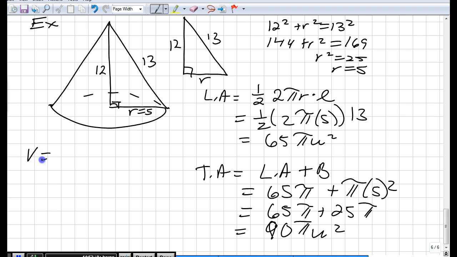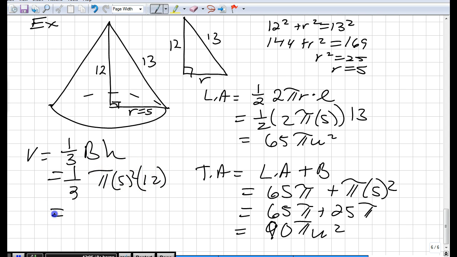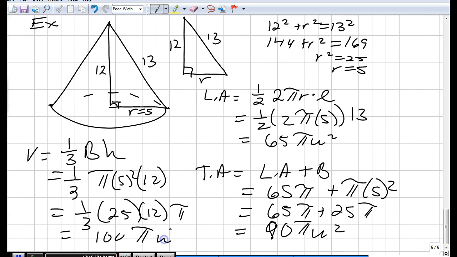And then volume, remember, is 1/3 the base area times the height. So base area is pi r squared, and the height is 12. And so we get 100 pi units cubed.